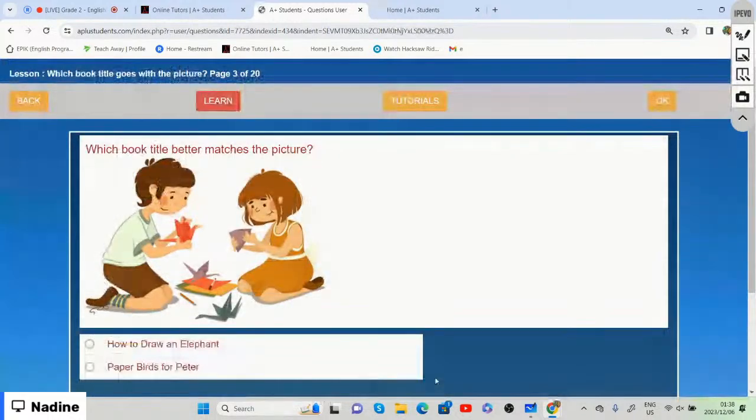Which book title better matches the picture? So we see these two kids playing, making paper jets. Now, are we going to look at how to draw an elephant?